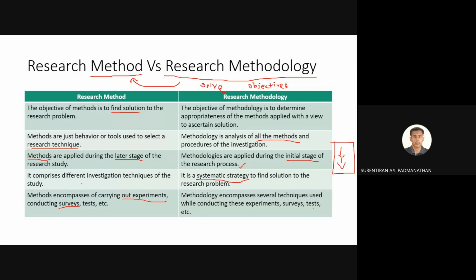It comprises different investigation techniques of your study. It's a systematic strategy to find a solution to the research problem. Methods encompass carrying out experiments, conducting surveys, tests, and so on. Methodology encompasses several techniques used while conducting these experiments, surveys, and tests. So this is the difference between research method and research methodology.